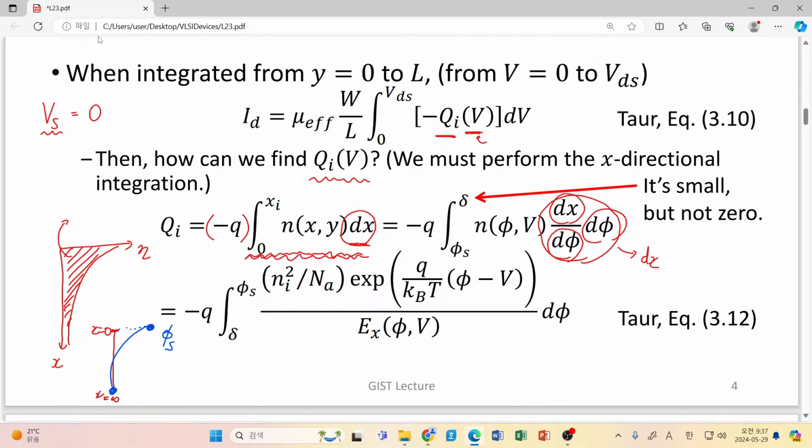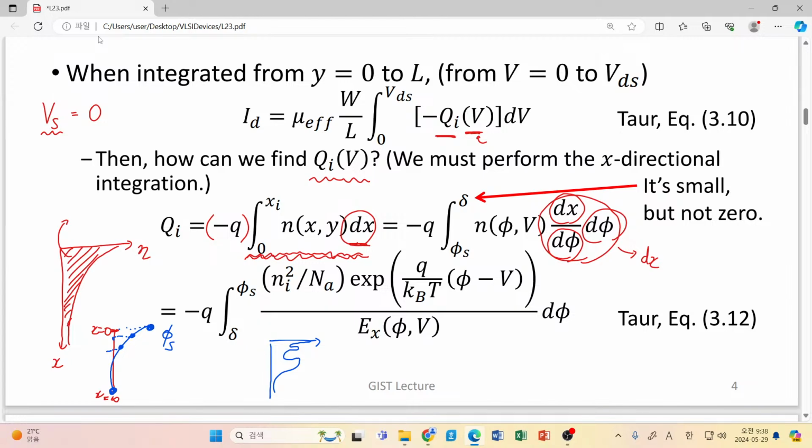Is there any one-to-one relation between them? For example, if you have a certain potential value, then you can identify the corresponding x value. And if you have another potential value, that corresponds to another x value. I want to give you a counter example. If we have a certain potential profile like this, please think about what happens.